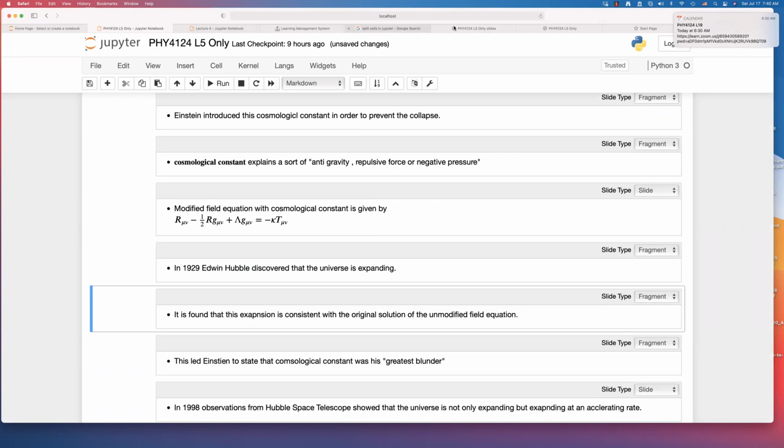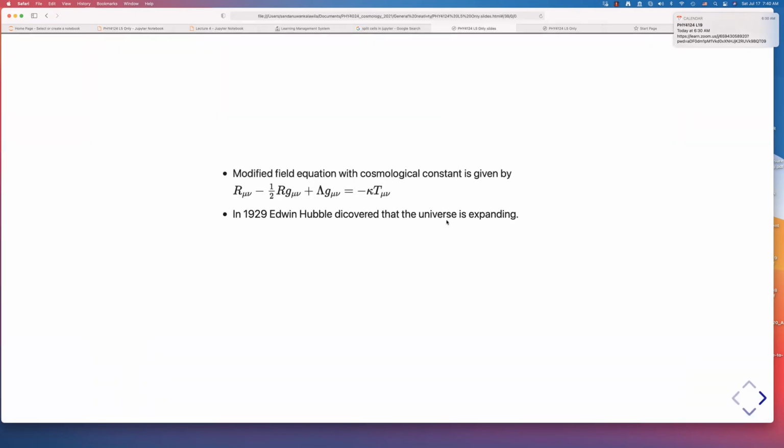Hubble discovered that the universe is expanding, right? And we all know that from Hubble's law, all the galaxies are moving away from us, which tells us that the universe is expanding.